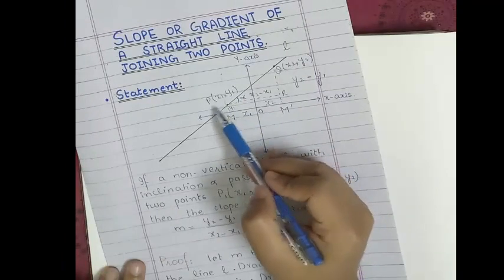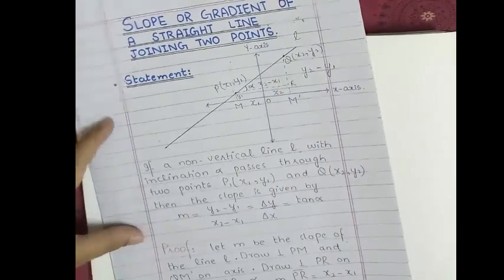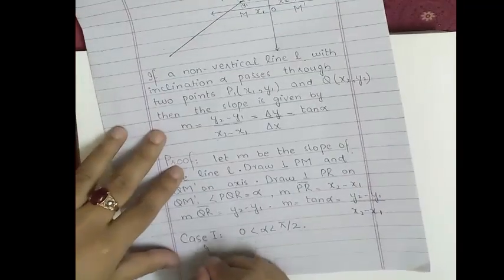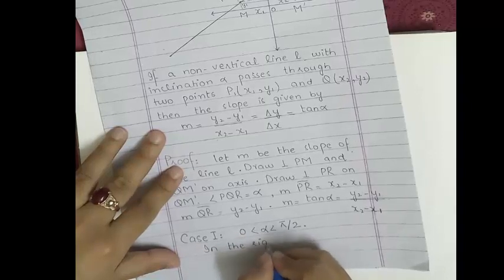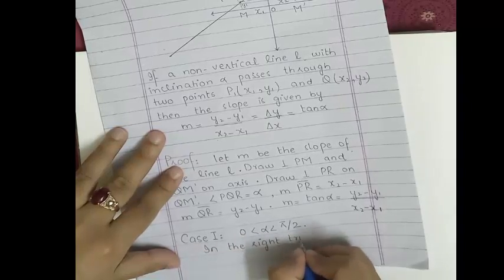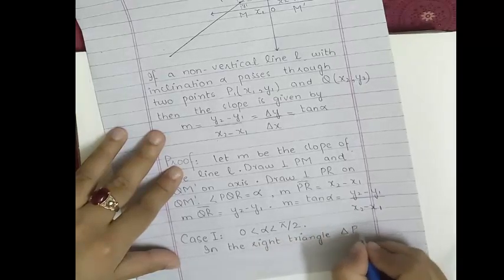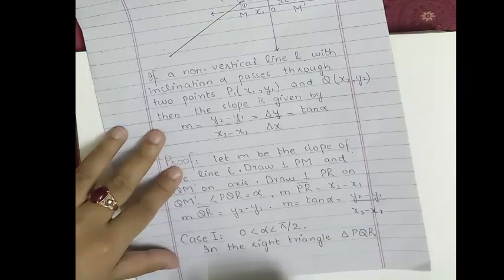So in the right triangle PQR, what is the value of m?